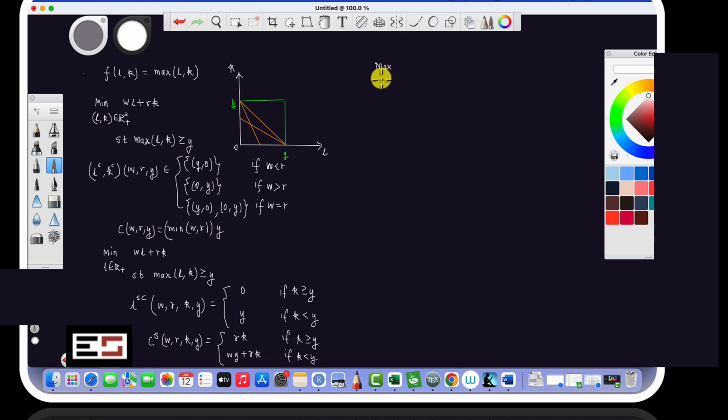The firm wants to choose output so that it maximizes py minus c_s(w, r, k, y). Recall that for this particular production function, this is the short-run cost function.